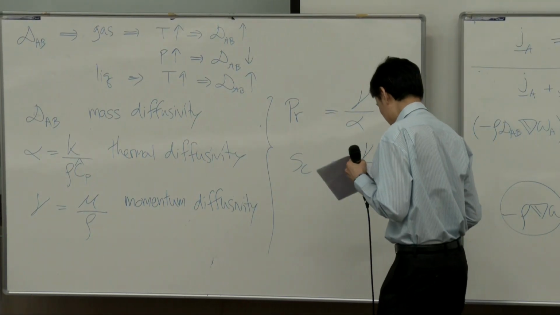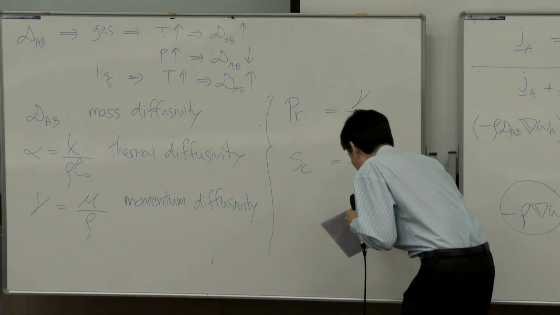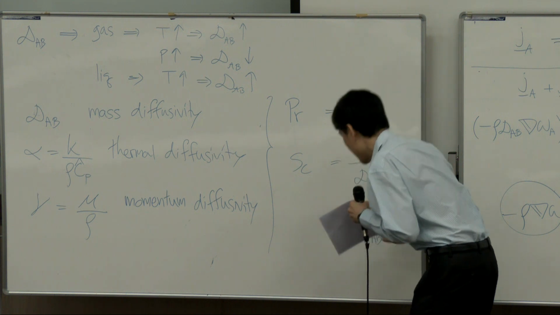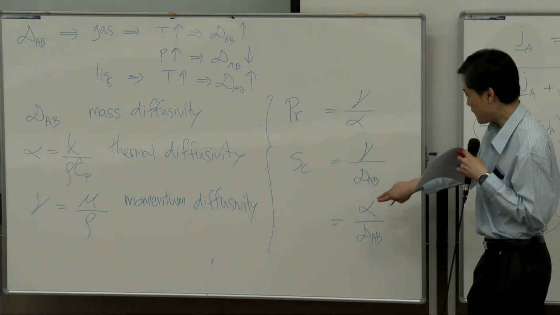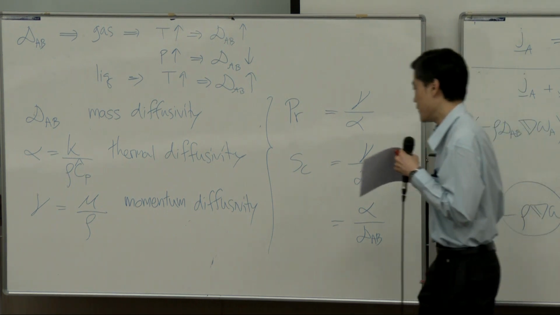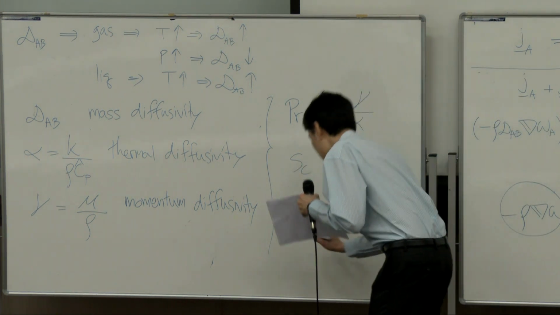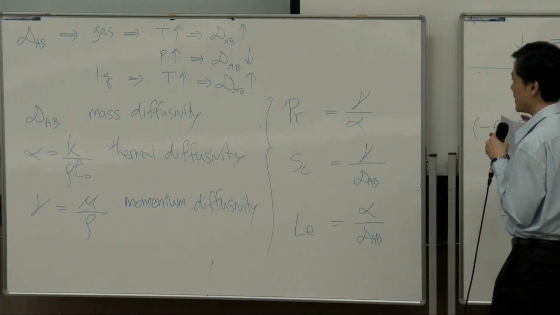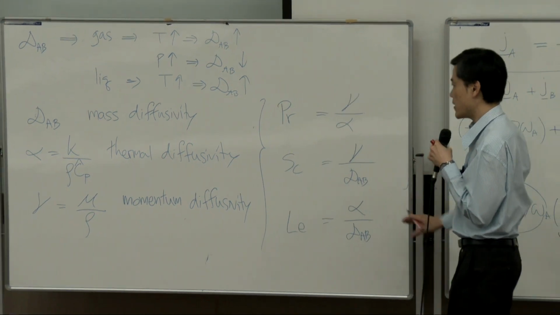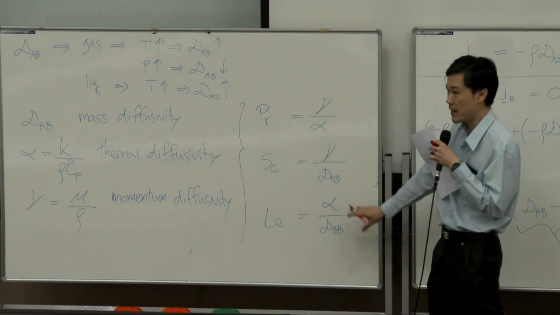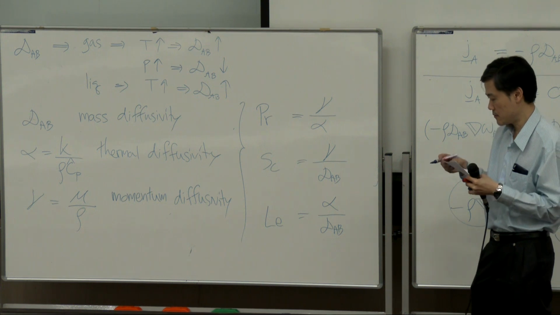And then lastly, if I take alpha divided by DAB, whenever we have energy transport together with mass transport, then this ratio is called Lewis number. All right, these are three dimensionless variables that should always appear when you have combination of transport phenomena.